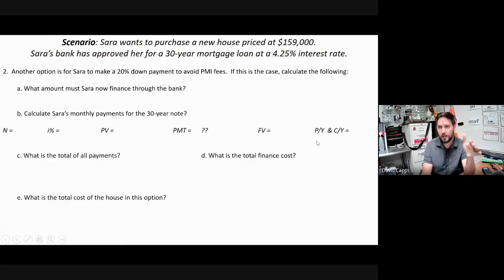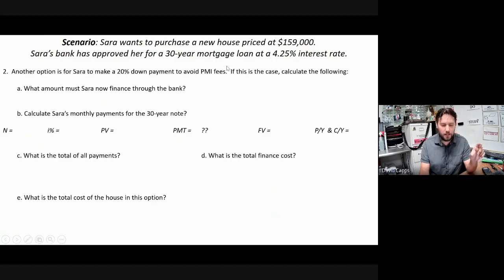So oftentimes, I think I mentioned this before, but when you go buy a house, they're going to require you to put 20% down. They're not just going to give you the loan for nothing down. They're going to require you to put 20% down, and then they will give you your loan. If you don't put 20% down, then they charge you a PMI. For instance, when I bought my house, I didn't quite have the 20%.